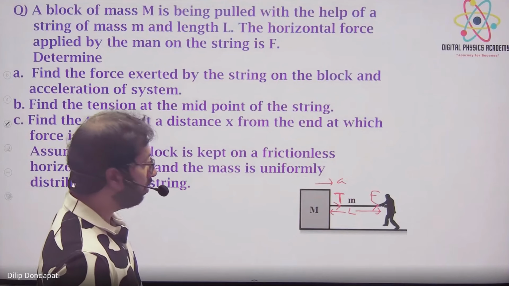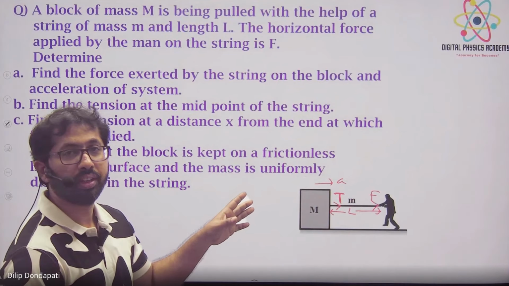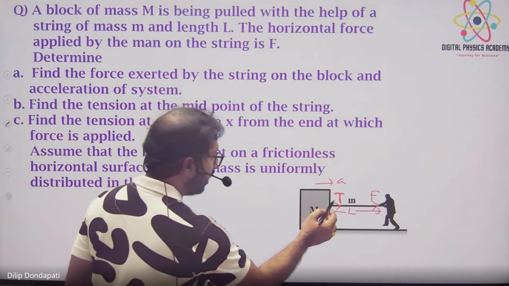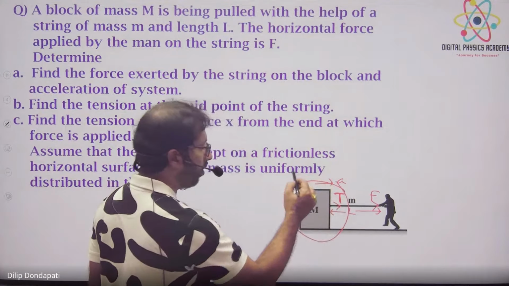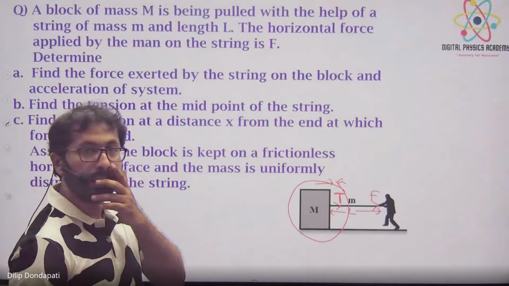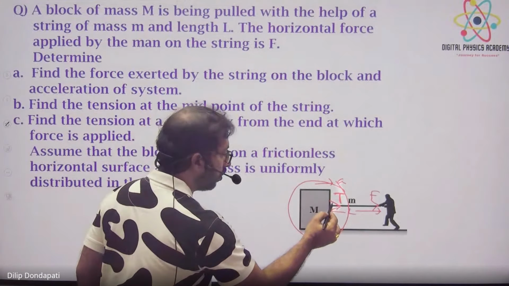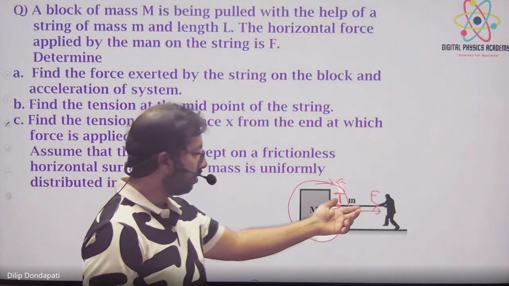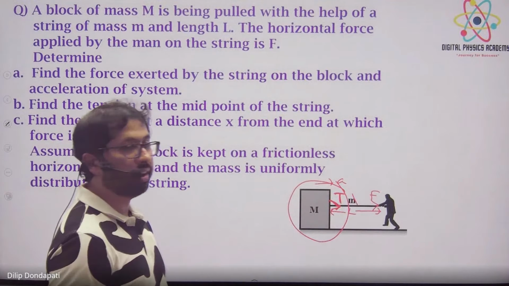No, F is not tension, because this is not a massless rope, it is a rope with mass. That is important, so we have to consider the force vector in that direction also. I want this tension force, so take this section and draw the free body diagram, with net force equal to mass times acceleration. Then how will you get it in terms of F? For that you have to draw a separate free body diagram. Try.